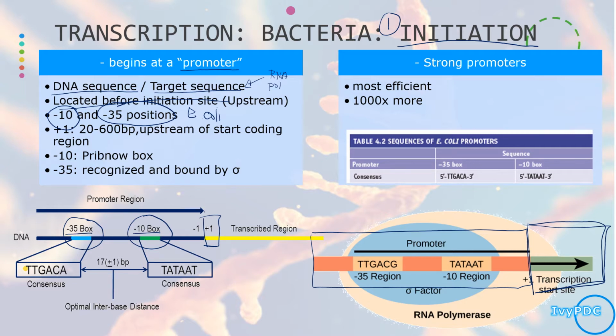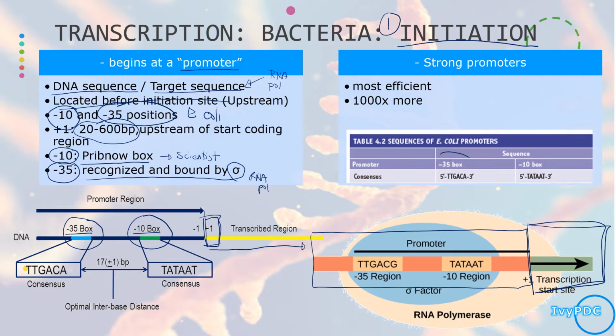The +1 site is made up of around 20 to 600 base pairs located upstream of the start coding region. The -10 box is also known as the Pribnow box, which is named after the scientist that first discovered it. The -35 box is the one recognized and bound to by the sigma subunit of the RNA polymerase.